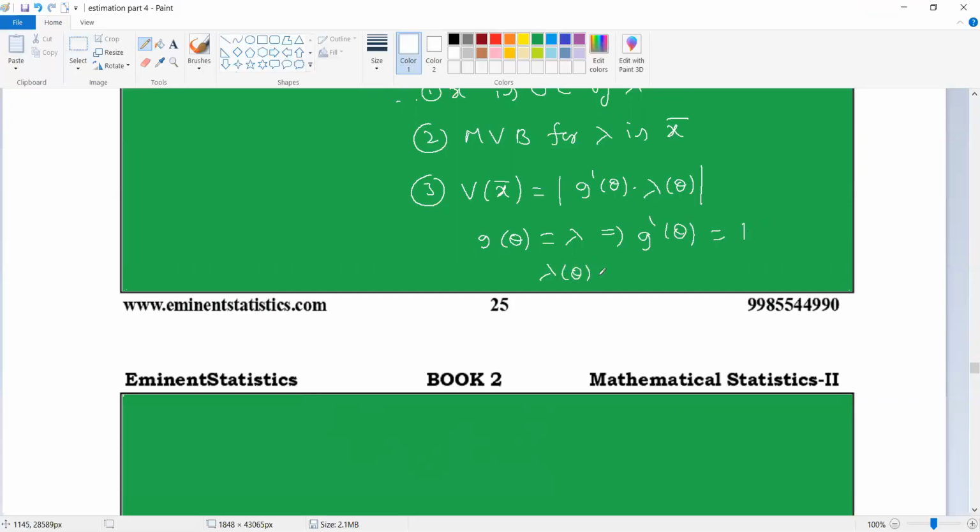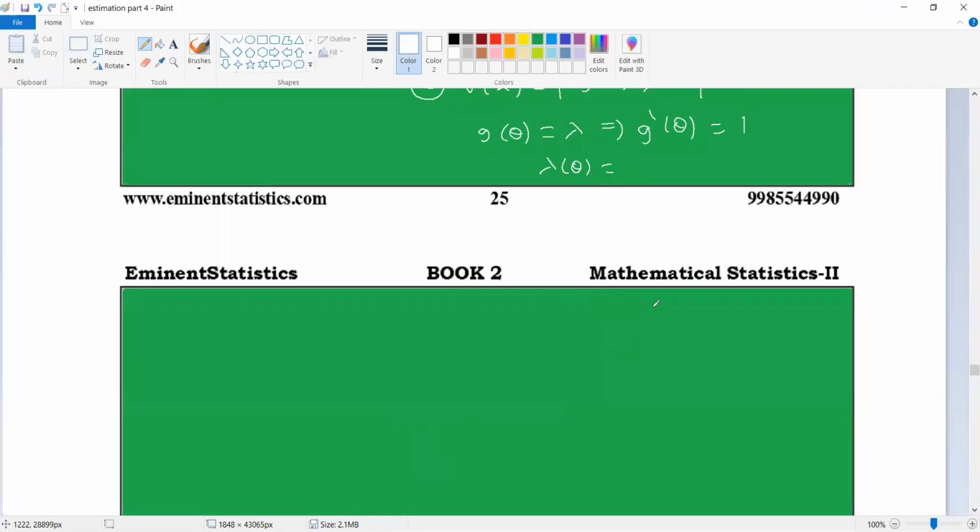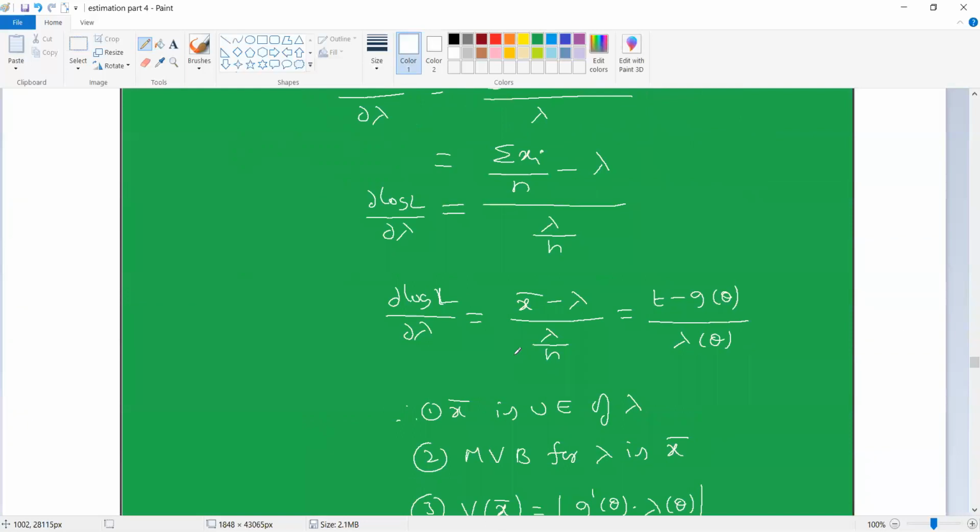Lambda of theta is equal to lambda by n. Therefore, variance of x bar is equal to modulus 1 times lambda by n, which is lambda by n. So the minimum variance bound estimator is obtained.